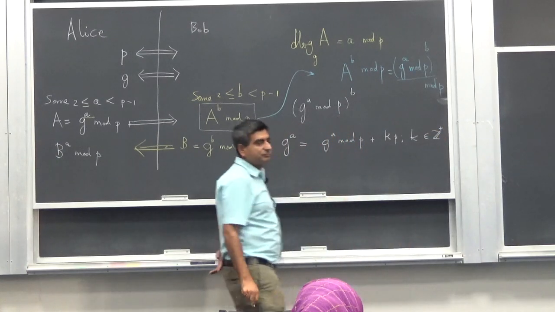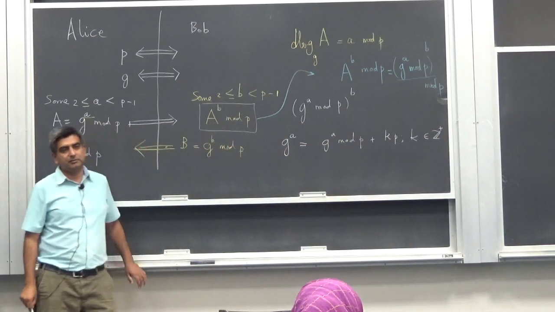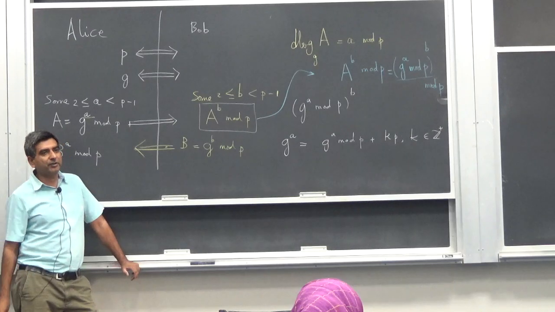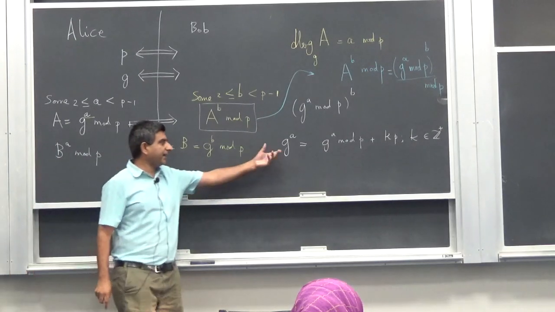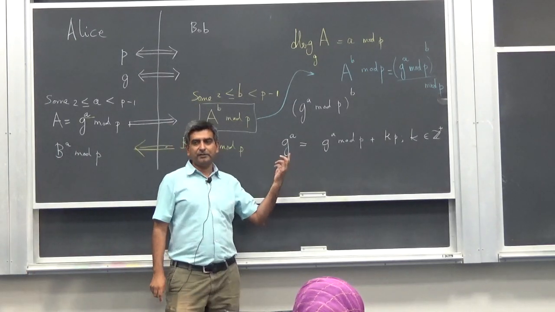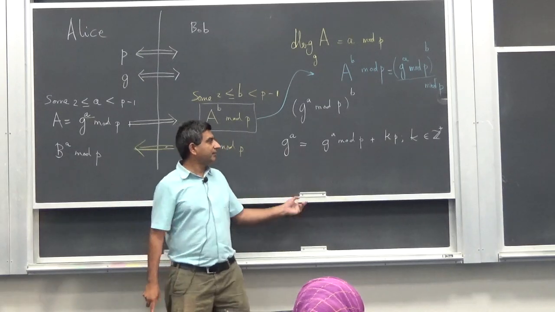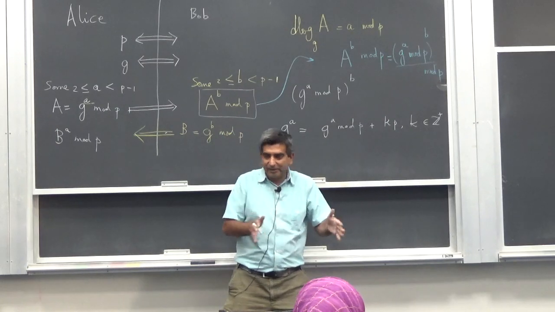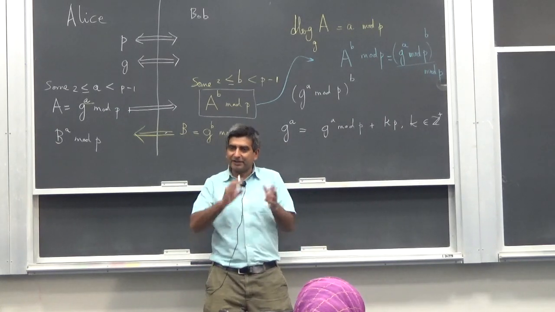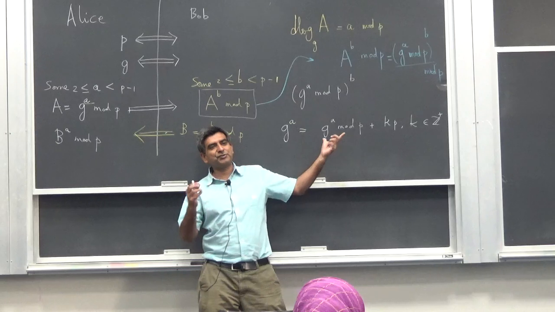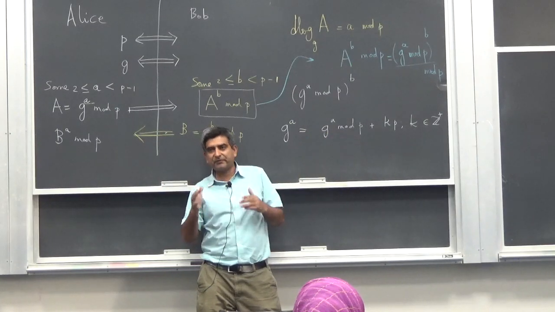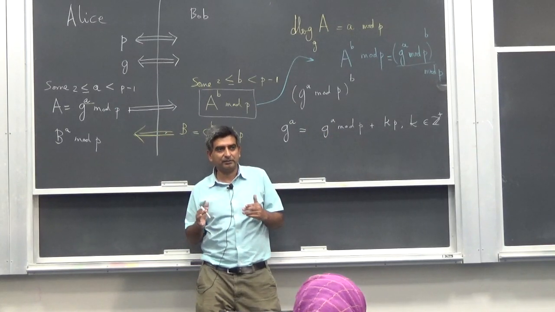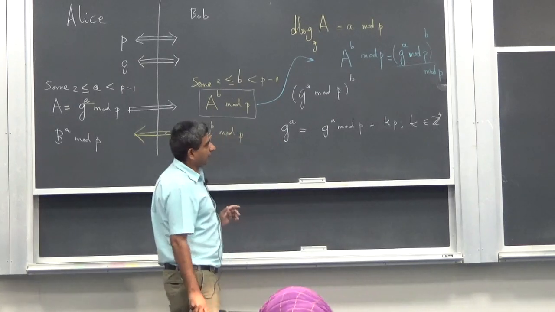Is this true? This is how we define modular arithmetic. Any raw number in modular arithmetic is some number of times p plus the remainder, and the remainder is called G^a mod p. This is how we define modular arithmetic. Now this is true, okay.